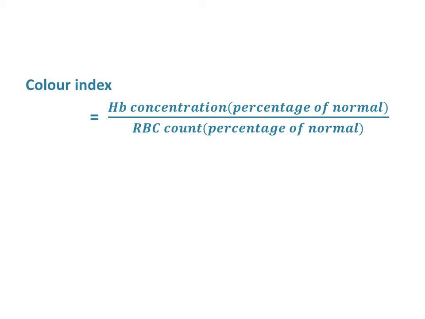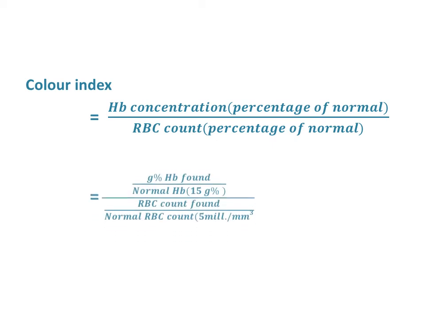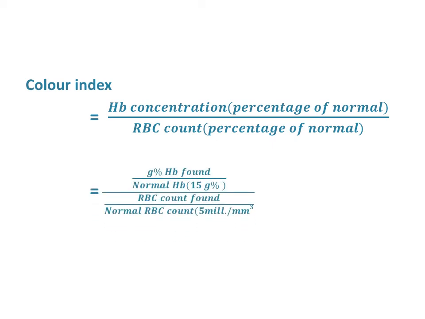Or in other words, the color index can be expressed in the following manner. The color index is low in iron deficiency anemia and is high in macrocytic anemias. Normal range of color index is 0.85 to 1.15.